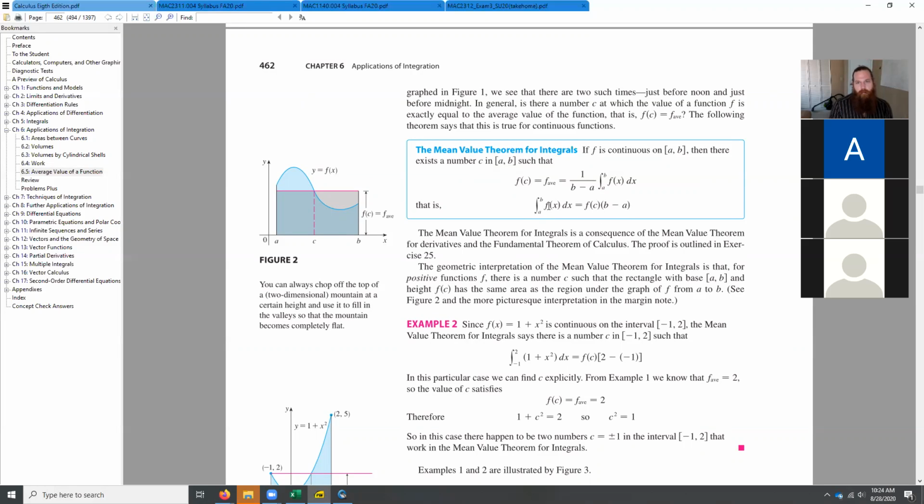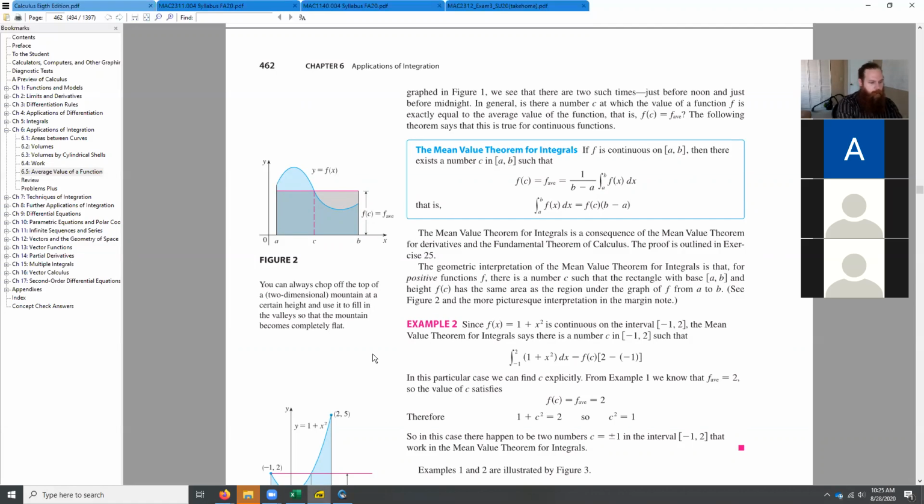There you would say f prime of c equals the slope of the secant line, for some particular value, right? There's a place where the tangent line is parallel to the secant line. If you rephrase that using the fundamental theorem of calculus in terms of integrals, this is what you get. And so it's just a neat connection to something that you've seen before.